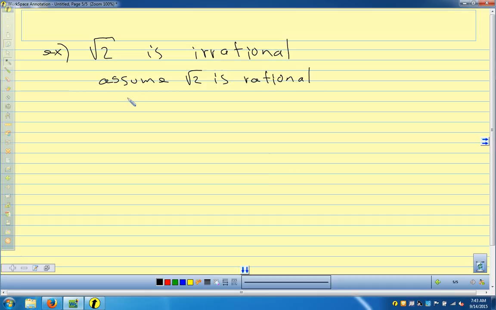So that means square root of 2 can be written as the ratio of two integers, a over b, where a and b are integers.